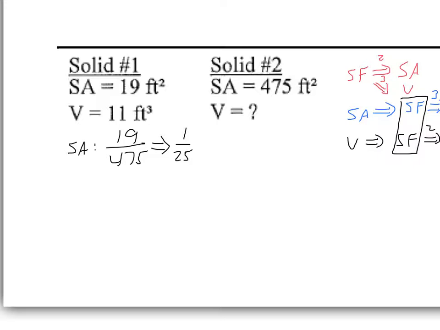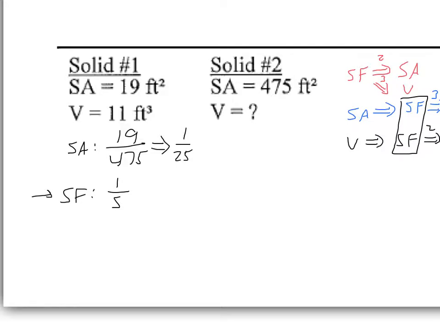So what squared gives you 1 over 25? Well, 1 over 5 is the square root of 1/25. In other words, if I have 1/5 and I square each one, I get 1/25. So that shows that the scale factor is 1/5.